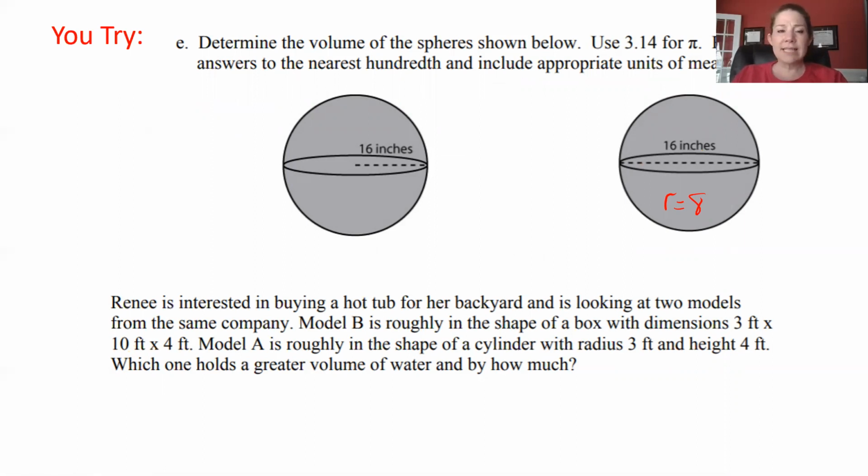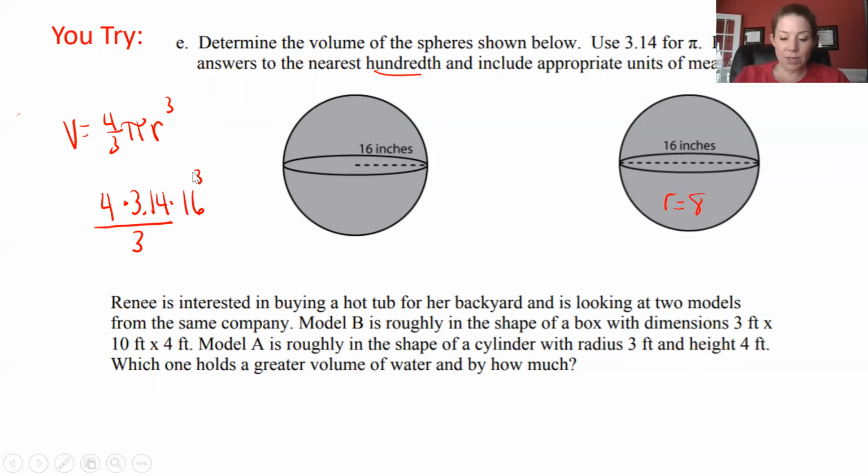All right, so letter E says determine the volume of the spheres below. Use 3.14 for pi. Round your answers to the nearest hundredths. So we're going to multiply. Sphere is 4/3 times pi times radius cubed. So we're going to do 4, with a denominator of 3, times 3.14 times 16 cubed.